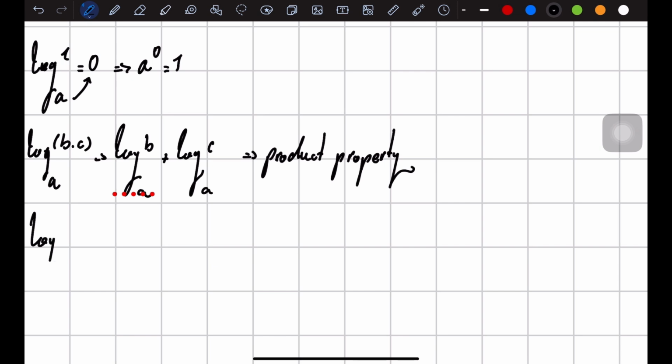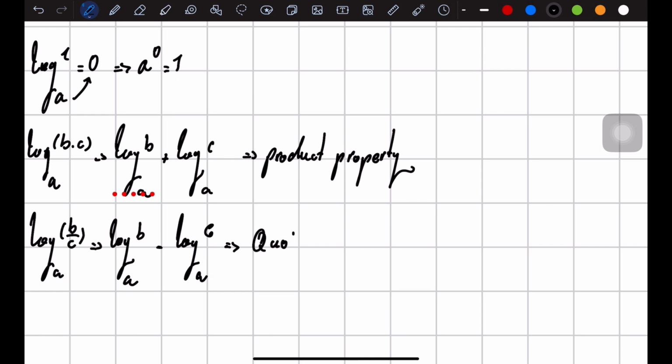This one says log_a of b divided by c. Again, we can just separate them, but this time, instead of writing plus, we'll write minus. This one is called the quotient property.